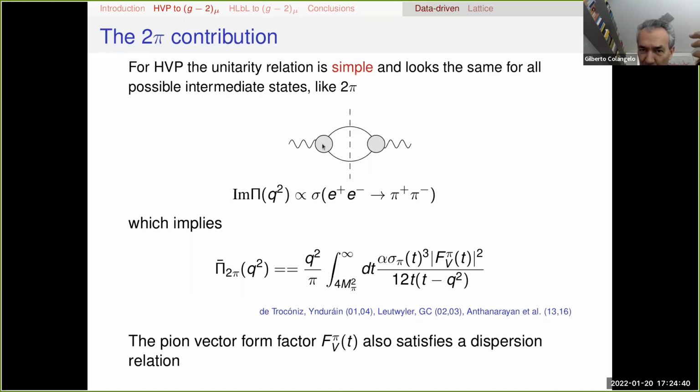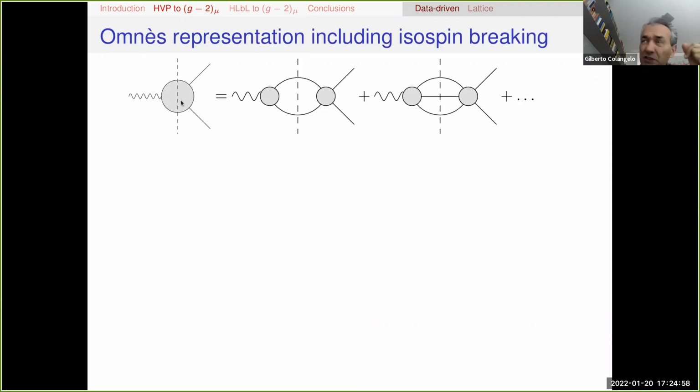So essentially this blob of the virtual photon going to 2 pions, not just any hadrons, but just 2 pions. And to take into account that this quantity itself satisfies a dispersion relation. So essentially, if you consider this sub-amplitude and you cut through this blob, you have contributions from different intermediate states, 2 pion depicted here, 3 pion, 4 pion, etc.